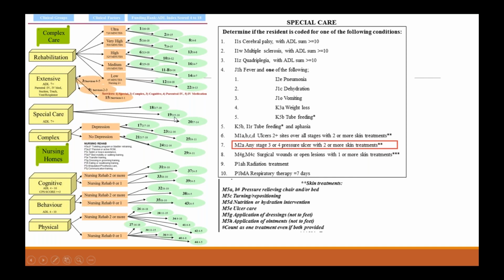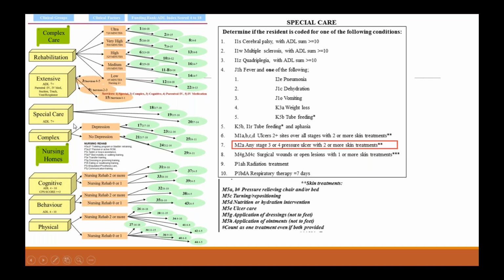Now, if your ADL score, bed, eating, toileting, and transfer, if your total score is between 15 and 16, then you're in the 19th highest funded group. Or if your ADL score is at the top end, 17 to 18 on that bed, eating, toileting, and transfer, then you're in the 18th highest funded group.